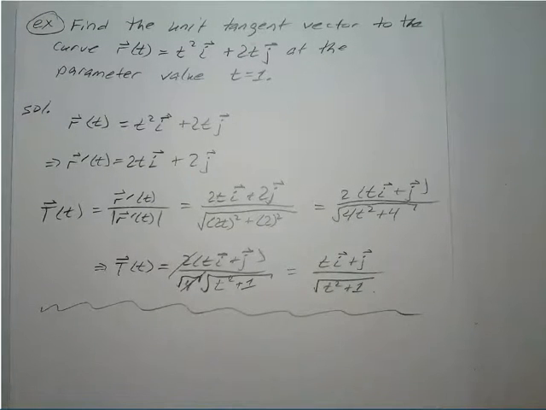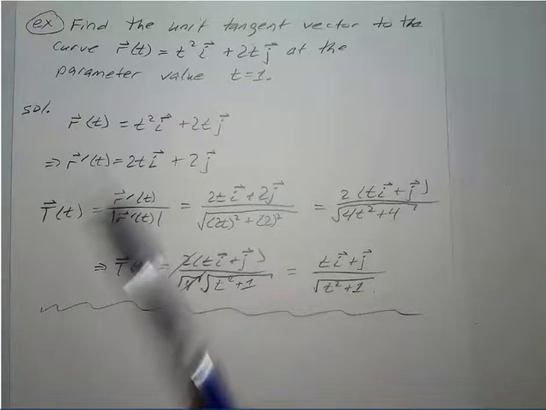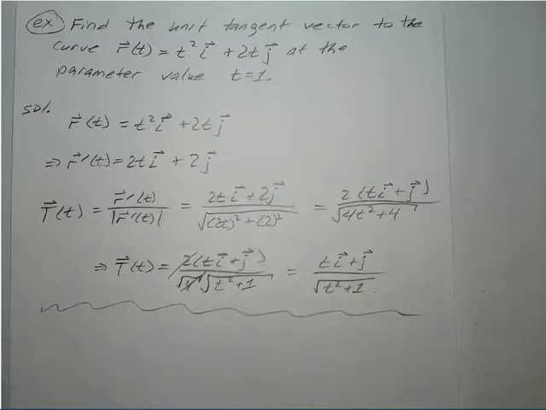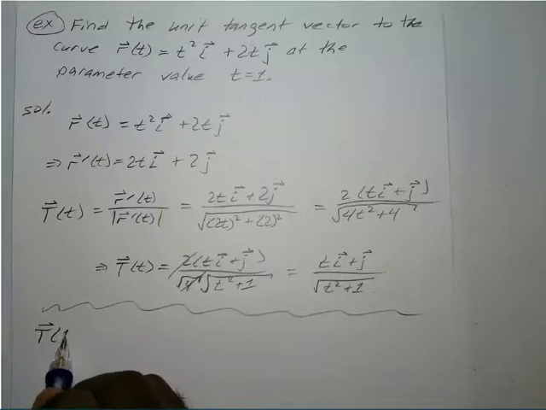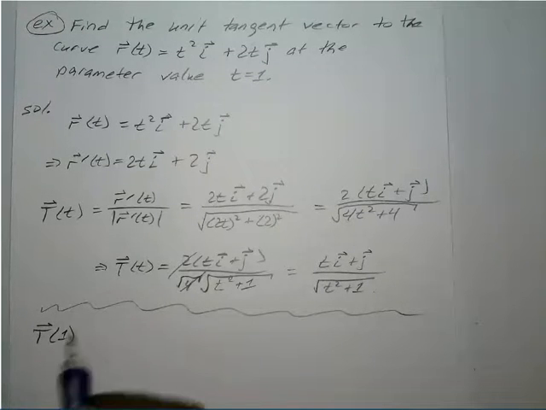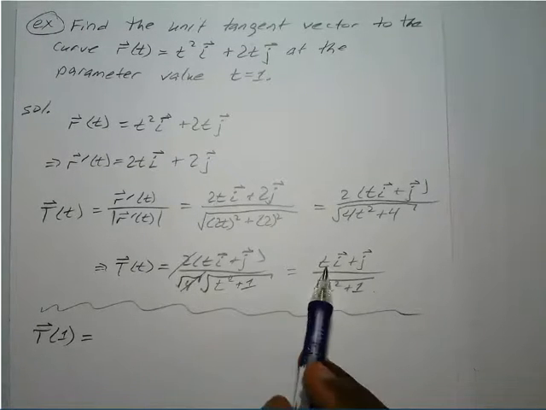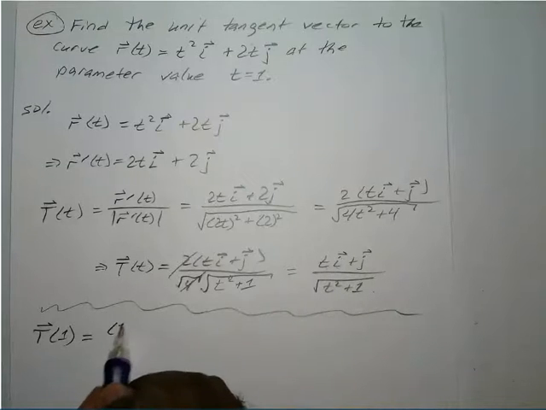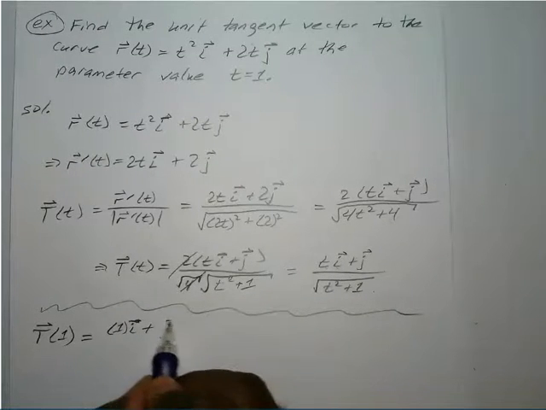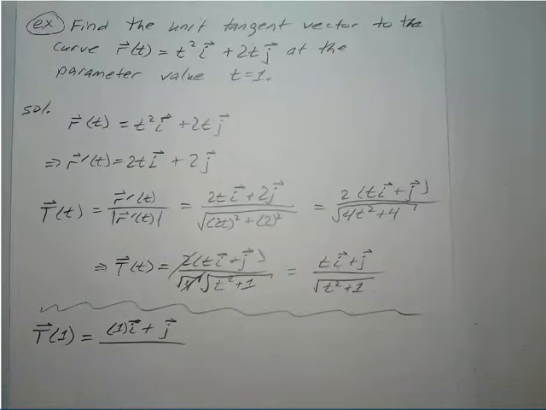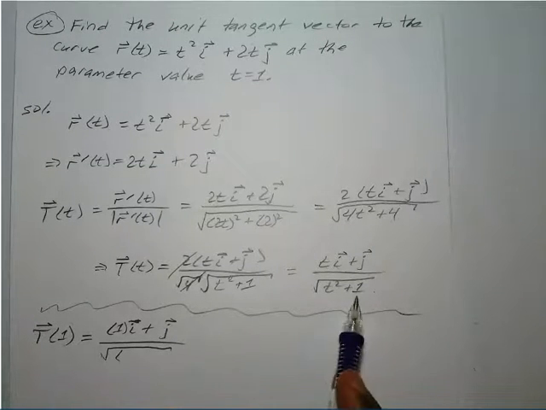Now we have to find the unit tangent vector at t equals 1. That unit tangent vector at t equals 1 is just equal to 1 times i plus j over the square root of 1 squared plus 1.